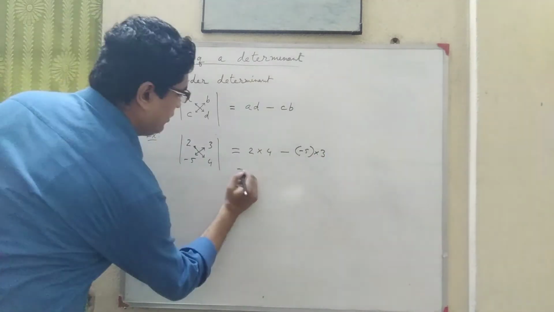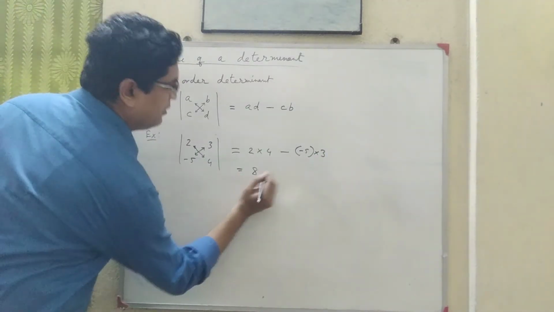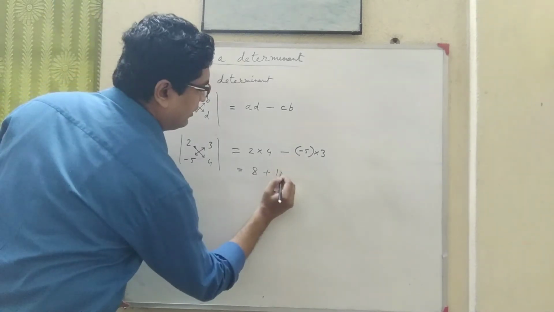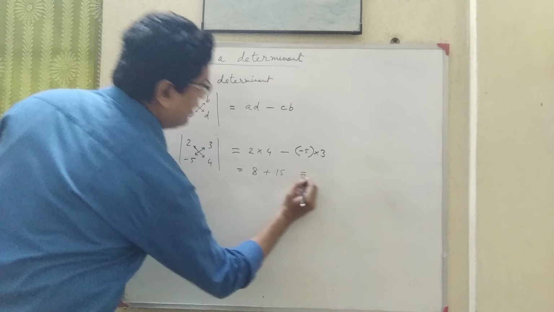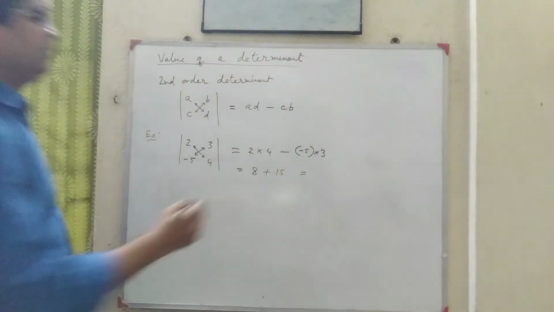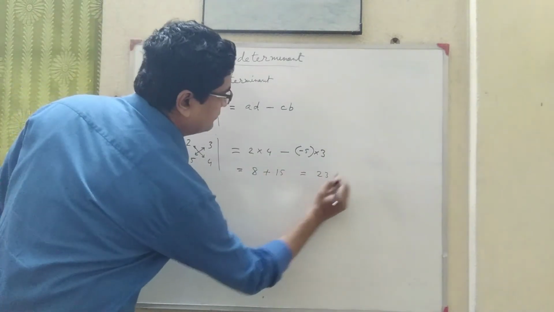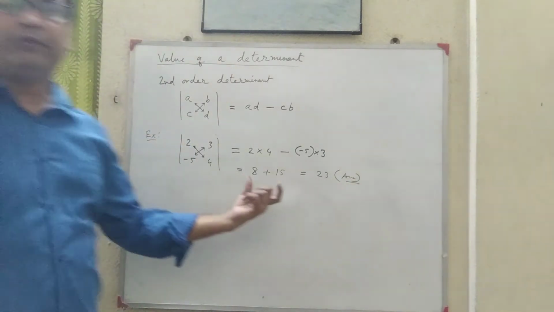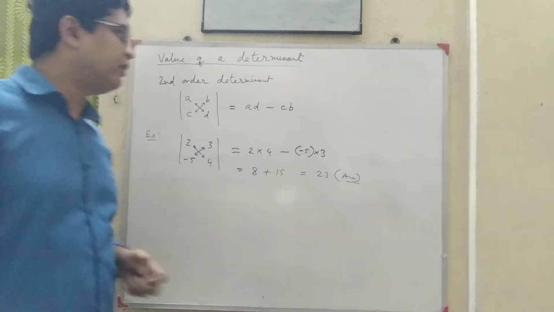So we have 4 twos are 8, and minus times minus, 3 fives are 15. So the value will be 8 plus 15, 23. So this way we can find the value of a second order determinant.